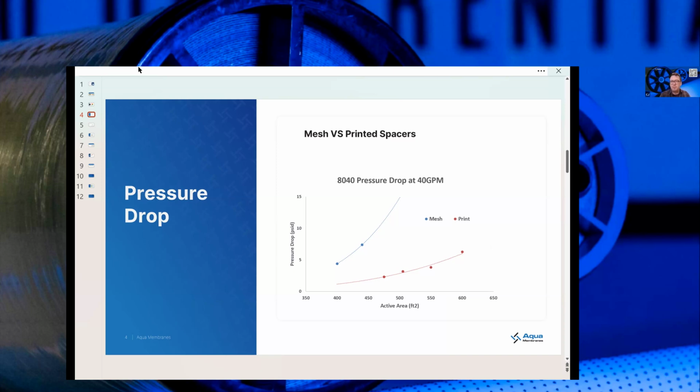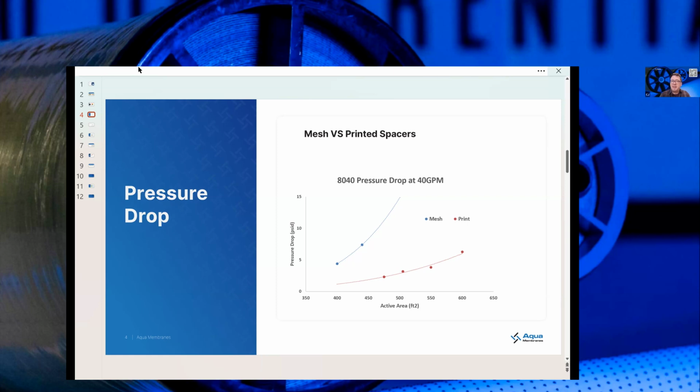And you see two different curves. The blue is a mesh. So the 400 square foot typically has a 34 mil mesh feed spacer. You take it to 28 mil mesh, you get about 440 square feet. And at that same flow rate, you can start to see the pressure drop increasing. And it makes sense. There's smaller channels, there's more obstructions, higher pressure drop for the same flow.